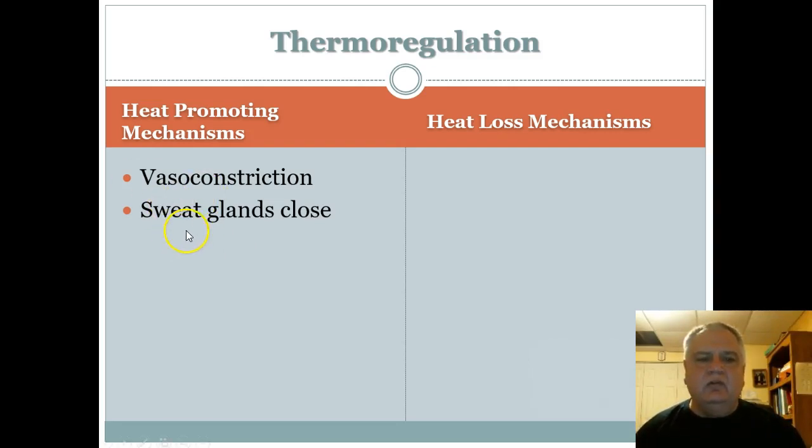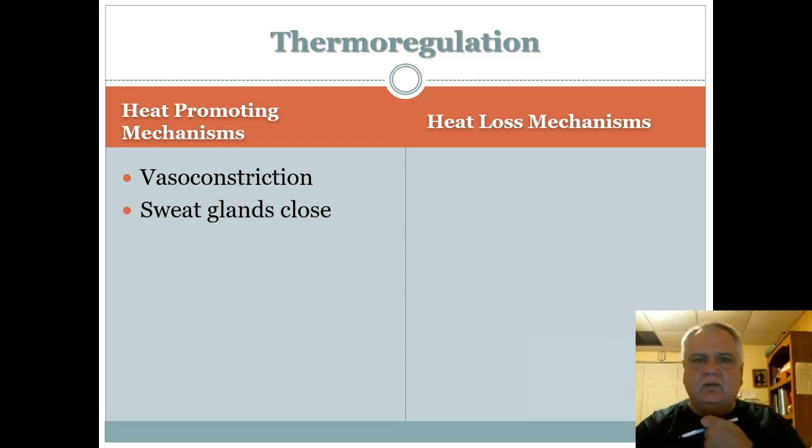We can also conserve heat by closing the sweat glands. Sweat glands are ducted glands, and the ducts can carry water to the surface of the skin. When the water evaporates off the surface of the skin, it can take heat away. Well, our body temperature is already too low, so let's stop the loss of heat.